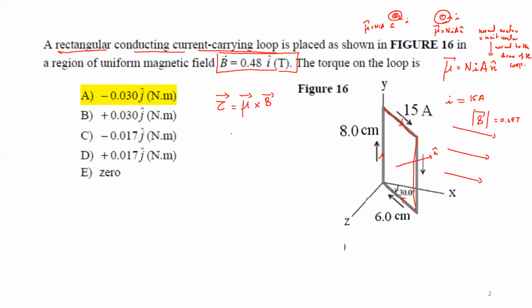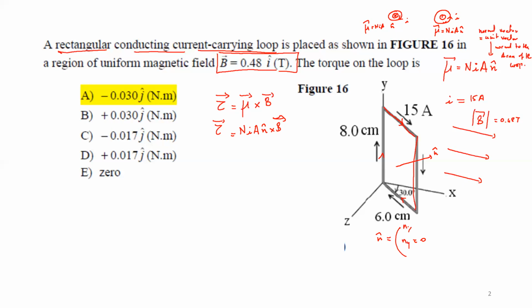Okay, good. So let's come back to our torque. Our torque will be, as we said, N number of turns, I current, multiplied by area, multiplied by normal vector, cross B. Now let's write our normal vector here. You see, the normal vector has three components: along X, along Y, and along Z. I hope you see that along Y, the normal vector is 0.